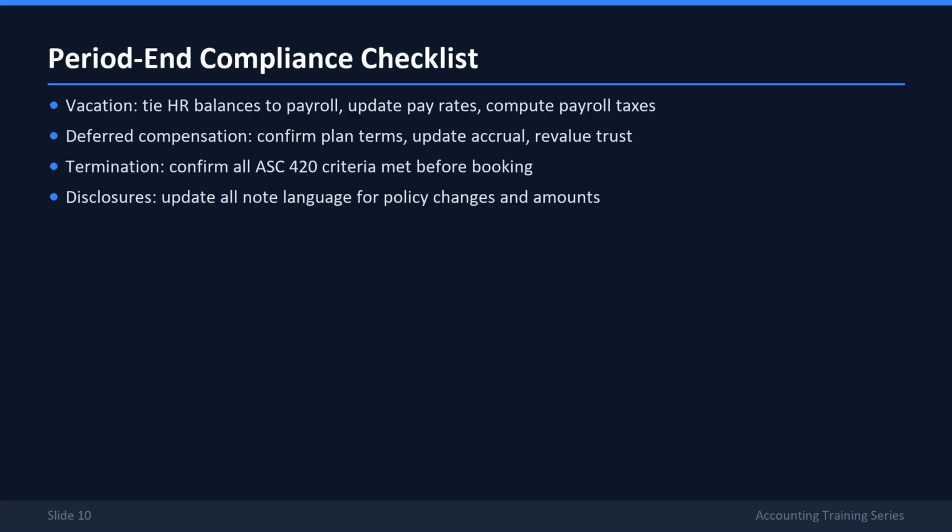For termination benefits, confirm all ASC 420 criteria are documented before booking any charge. For disclosures, update all note language to reflect current policy terms, current amounts, and any changes since the prior period.